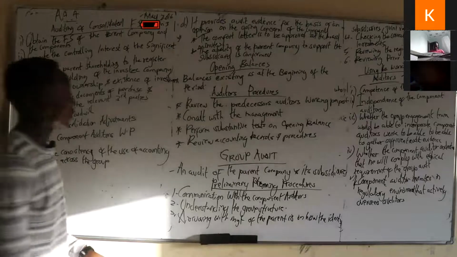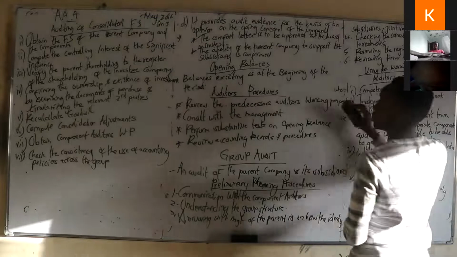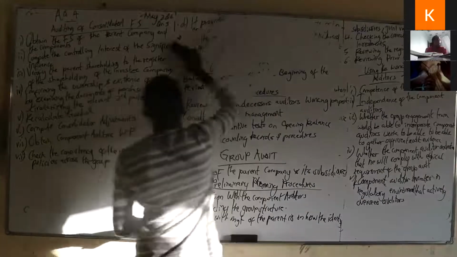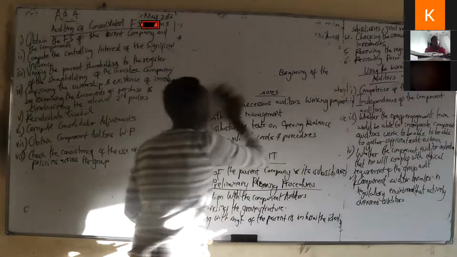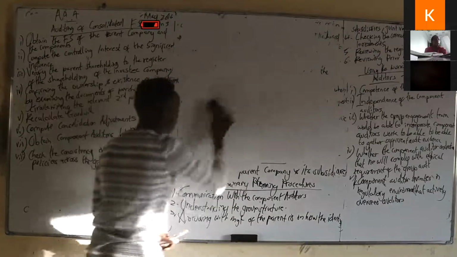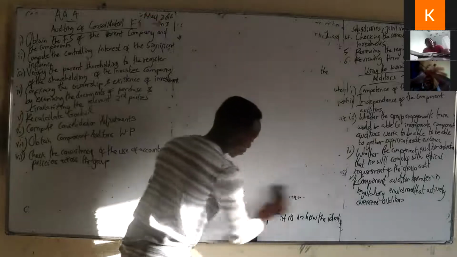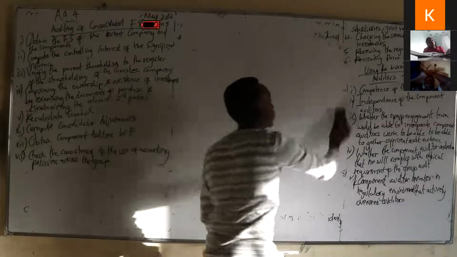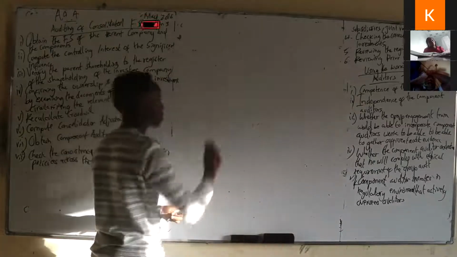Another thing that we need to look at before we look at the audit of specific kinds of organizations, for example, audit of cooperatives, audit of banks, and audit of insurance companies, is the procedure you always have to carry out, which is to obtain the written management representations.